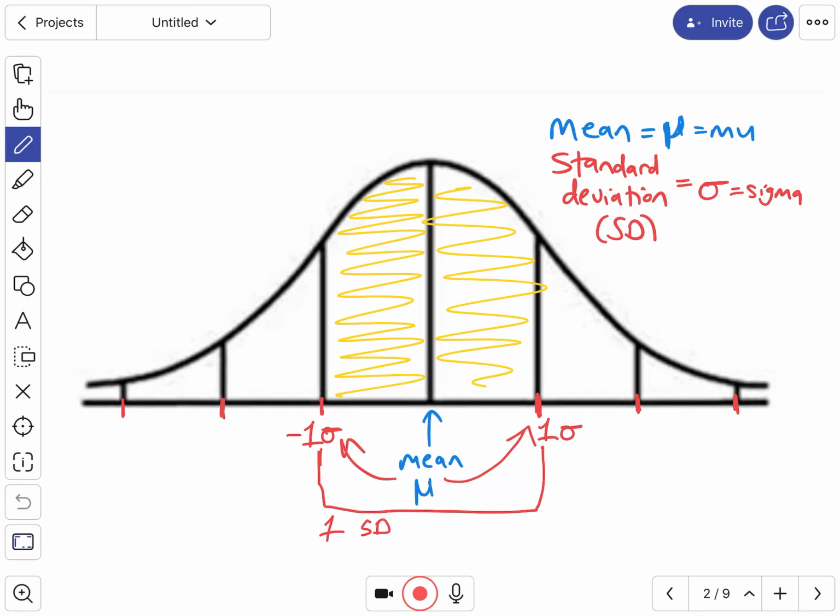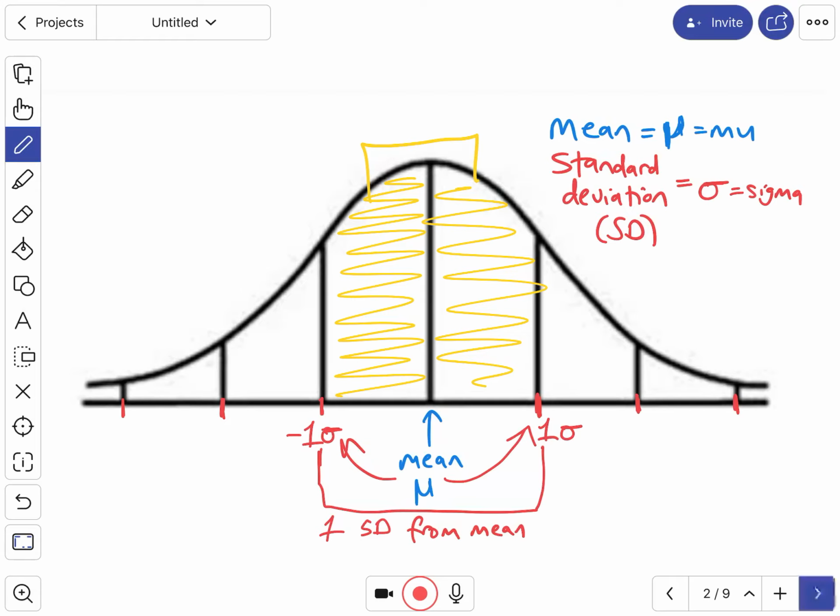If you go one standard deviation from the mean, that's basically what this orange shaded in part represents, which is most of the percentage of this graph here. But I'm not going to get into the percentages yet. I'm just getting into the symbols.